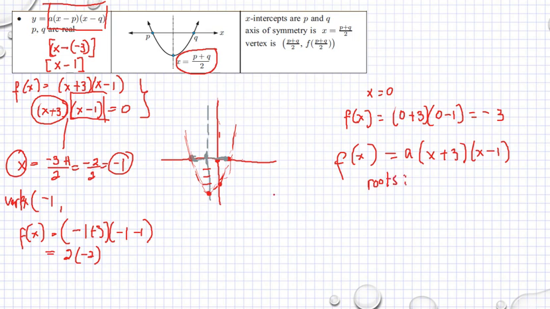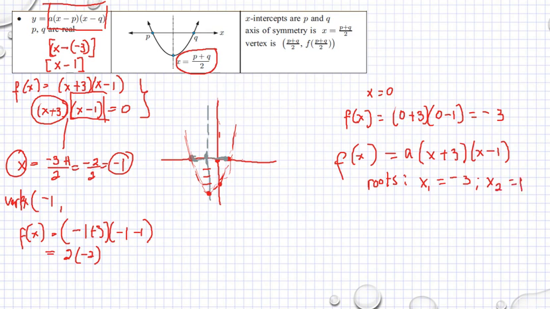which is negative 3 and 1. I will put it that way. x sub 1 is equal to negative 3, and x sub 2 is equal to 1.